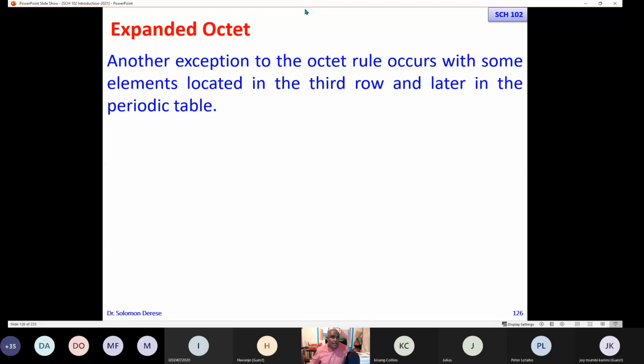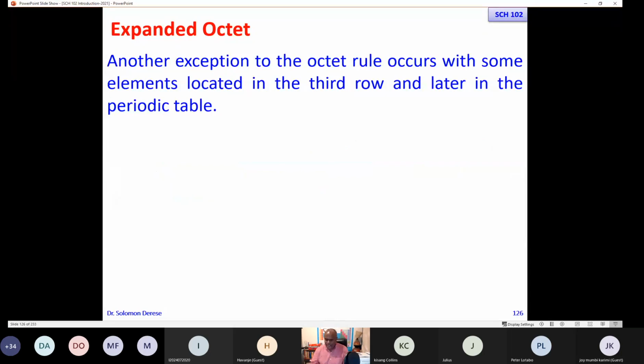Another exception to the octet rule occurs with some elements located in the third row of the periodic table and later. In these elements, after they form a covalent bond with other elements, you will see that they have more than an octet of electrons. So we'll try to understand why these elements have more than an octet of electrons.